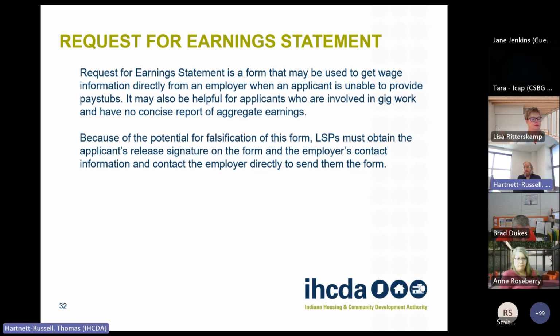I know that there was a lot of discussion in the chat yesterday of making it the applicant's responsibility to return that to the employer.